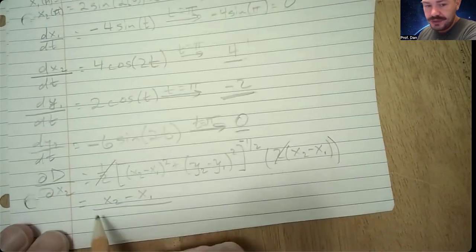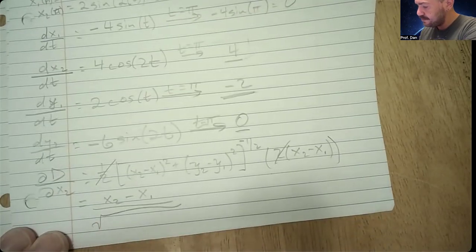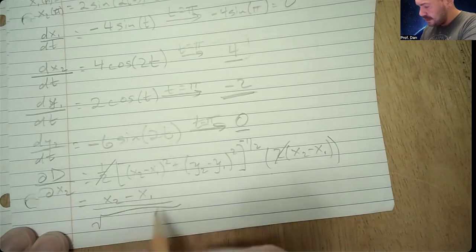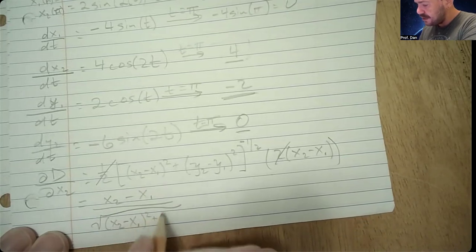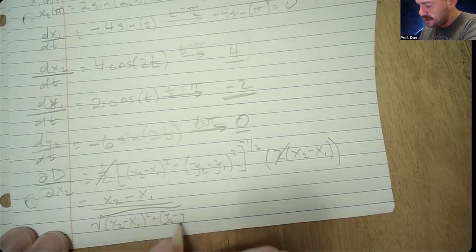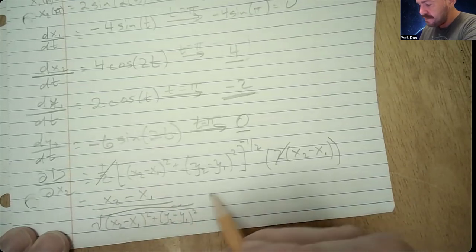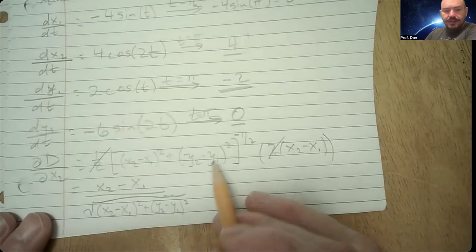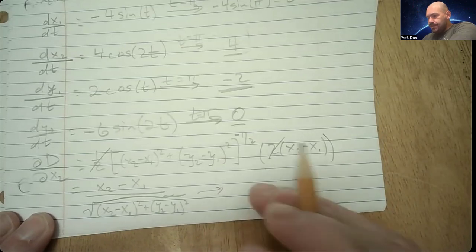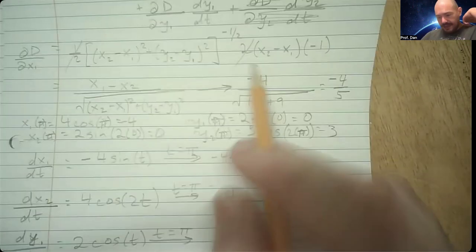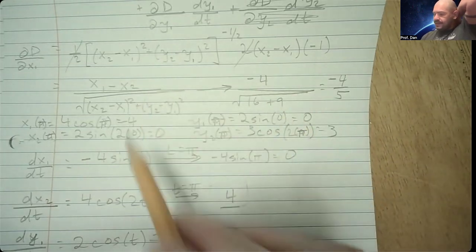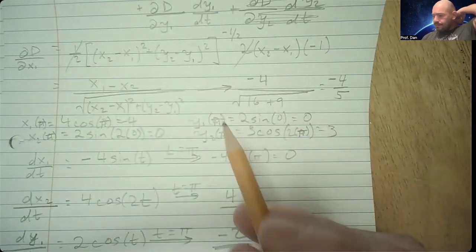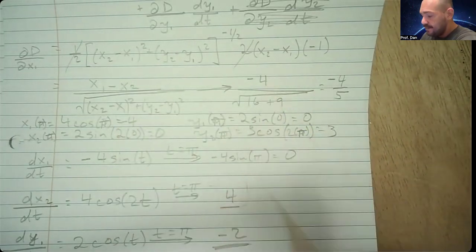over the square root of (x2 minus x1) squared plus (y2 minus y1) squared. Okay. Now, if I plug in the values for each of the coordinates like I did back at this partial derivative, we know that x2 has a value of 0, x1 has a value of -4.